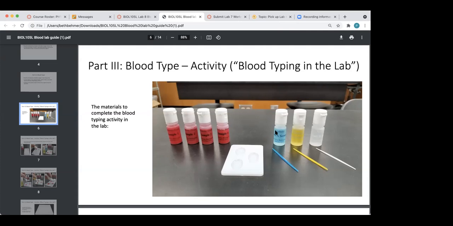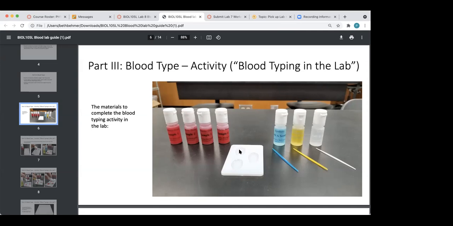And if we see clumping or agglutination occurring, that means that the antibody, for example antibody A, if it clumps when we put it into a well with a synthetic blood type, that means that antibody A has found the A antigen.